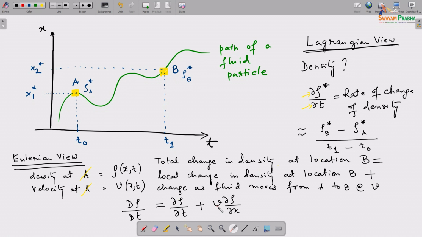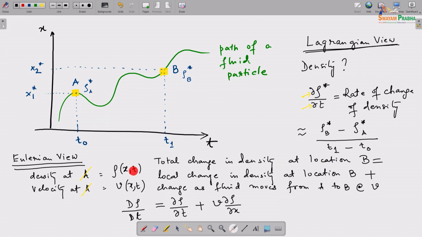We are looking at partial derivatives in both cases, but in a slightly different way, right. So there is a difference between the rho star that I am using here and the rho that I am using here, and you can see that, right. So when I say rho star in the Lagrangian view, I am looking at rho A star, which is basically that which pertains to a particle which is located at A, right.